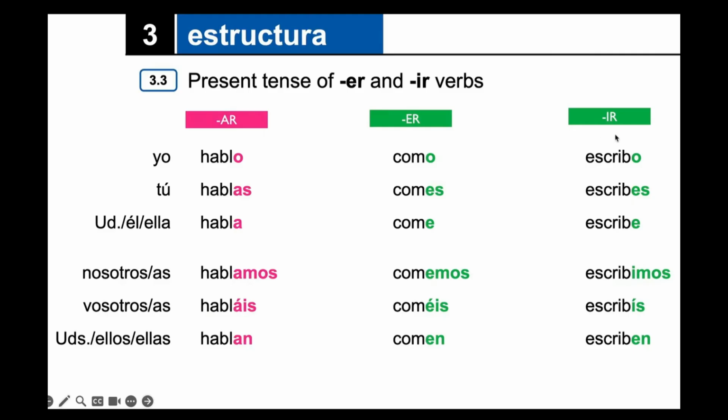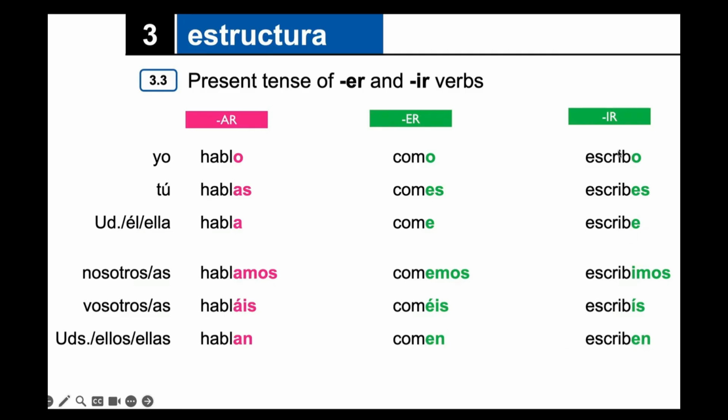Now take a look at IR verbs. They are pretty easy as well. Just compare ER to IR. O, es, and I'm going to skip over nosotros and vosotros for a second, en.